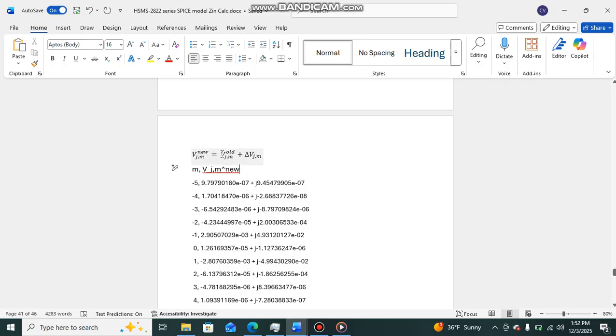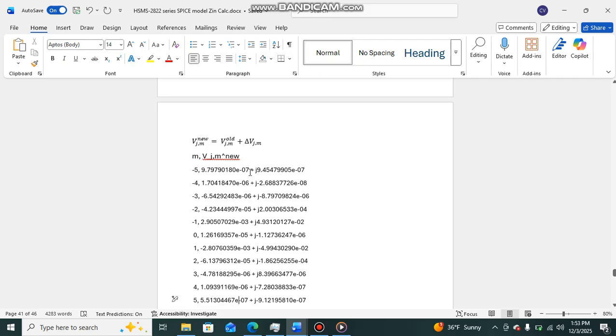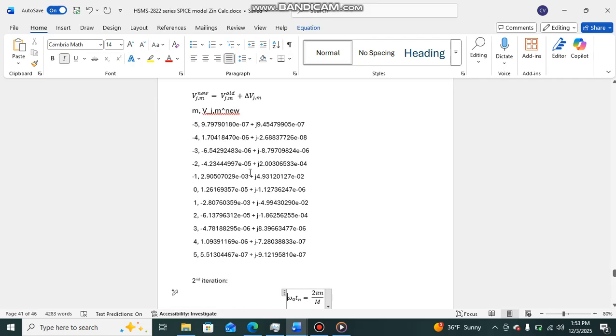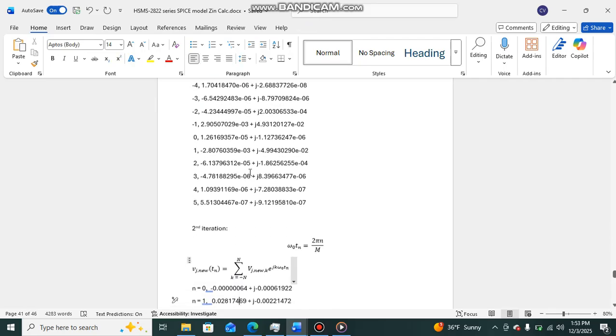And for the new values, you would do the old plus delta JM, which is how much more we need to change the voltage, the harmonics, to see if we can get a better result here.